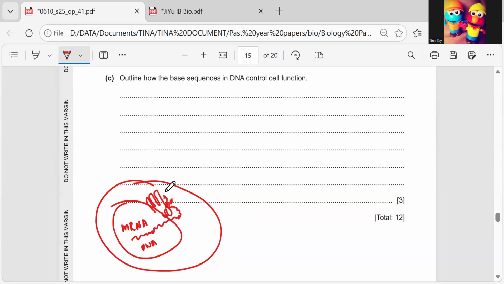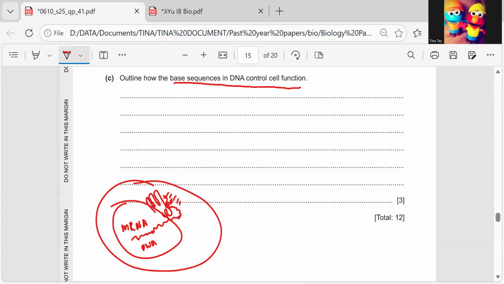Inside there's tRNA. It reads the codon. The sequence of the bases determines the sequence of the amino acids. How many bases for one amino acid? Three. So that's how the base sequence in DNA controls cell function. This is protein synthesis. Do you understand or not?